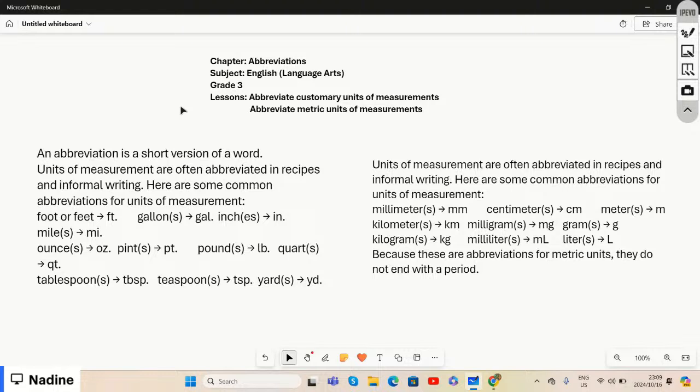So now we're going to abbreviate the customary units of measurements as well as metric units of measurements.